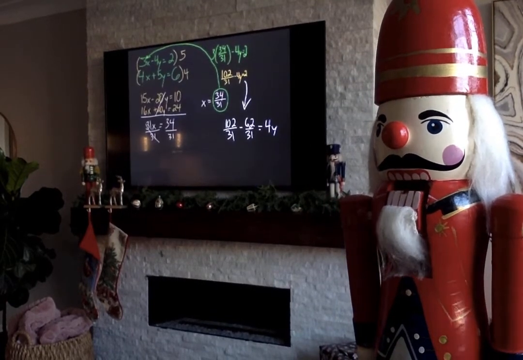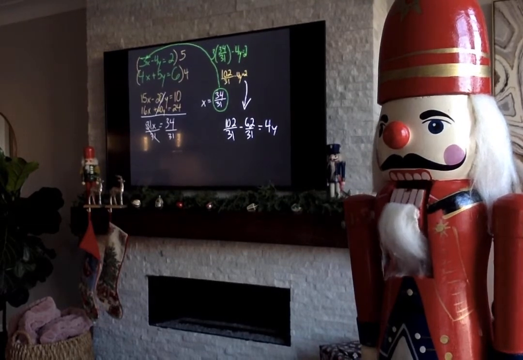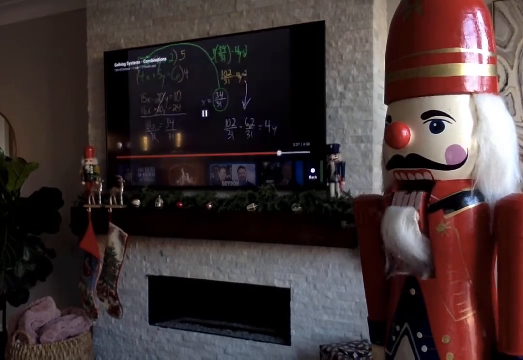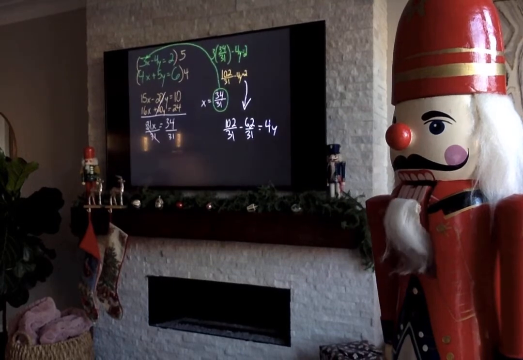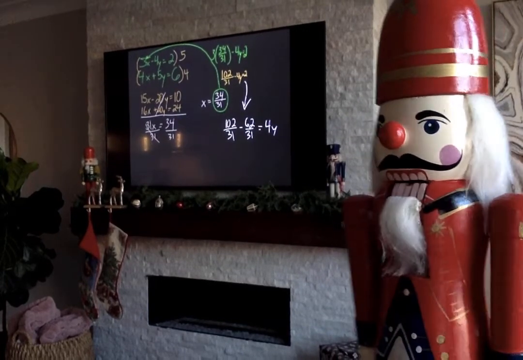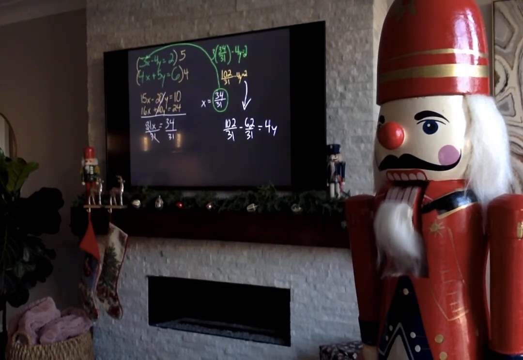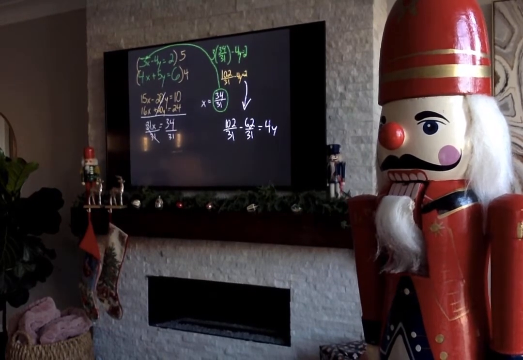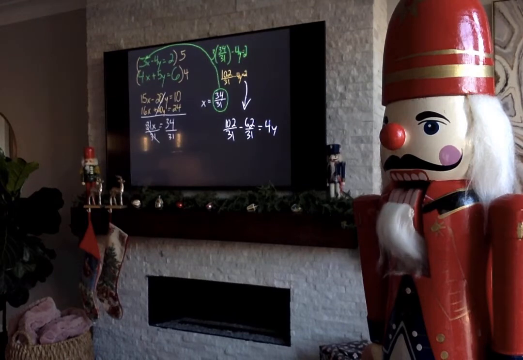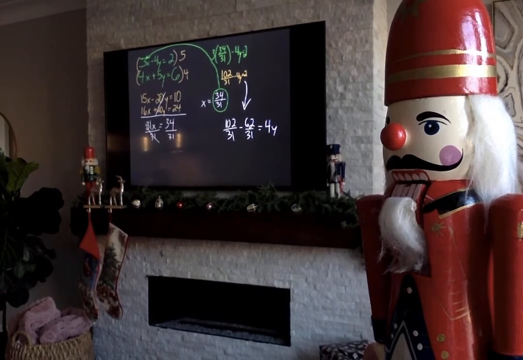Now this next part is a little interesting. I went ahead and you can see that my 4y is no longer negative and it's no longer with the 102 31sts. That's because I added 4y to both sides.